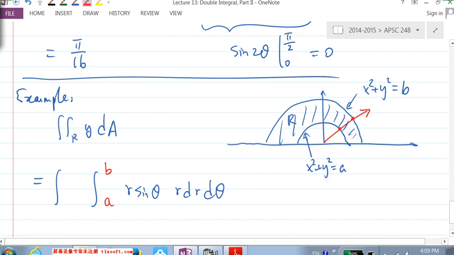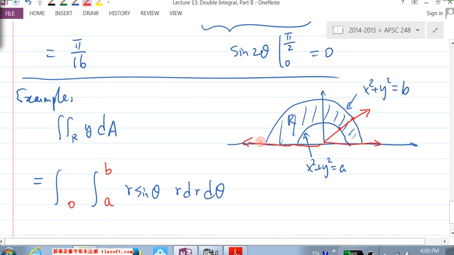Does that make sense? Then you sweep this radial line across this region R. It doesn't matter how you sweep, but you need to figure out the two bounding locations. One is here, one is here. The first one corresponds to theta min, which is 0.